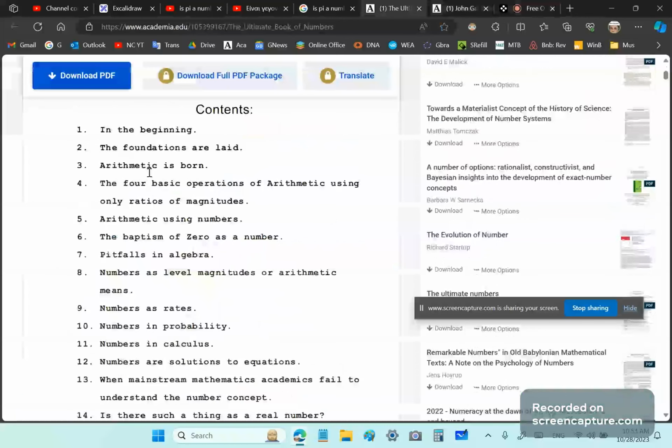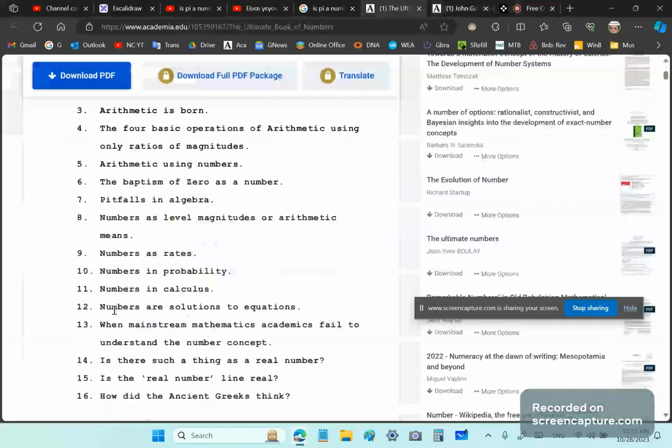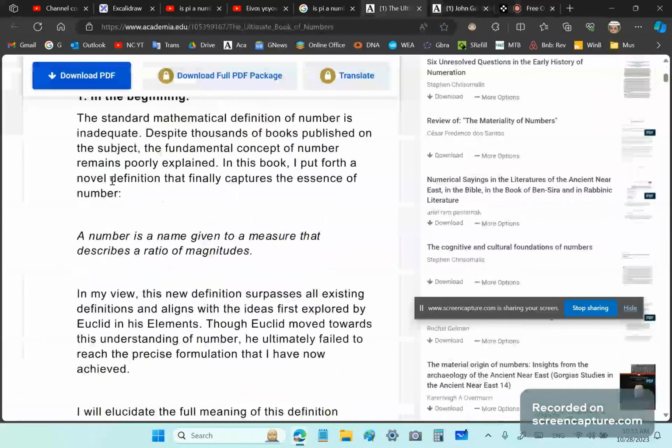So I deal with everything, the concept of number, its definition, and I give you a proper definition of number for all numbers, for all actual numbers, okay? And I expose the ignorance of mainstream mathematics academics who claim that there's such a thing as a real number and an irrational number.